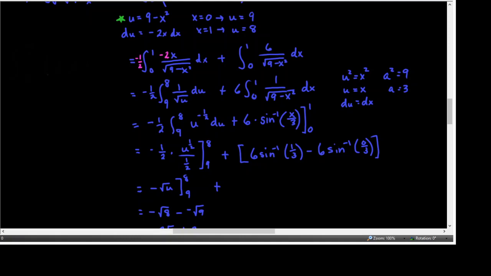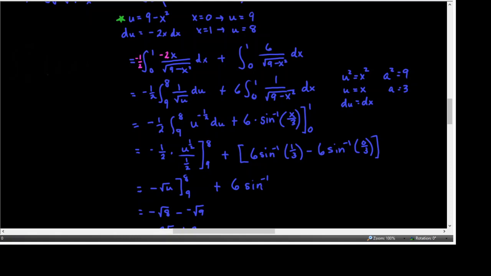Okay. 6 times sine inverse of 1/3. Is 1/3 one of the special answers you saw in pre-calculus when you took the sine of some nice reference angle? Did you ever get 1/3? Well, the answer is no. So this is the best we can do for an exact answer.